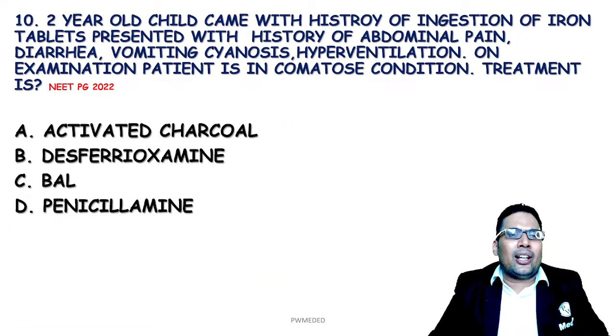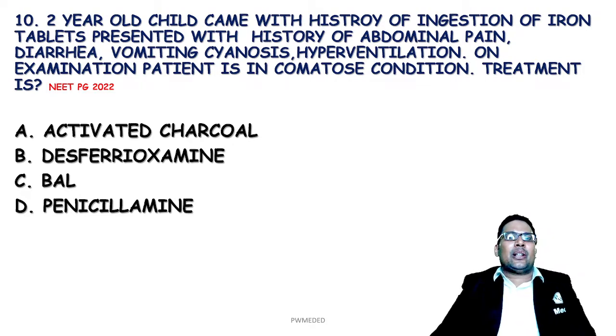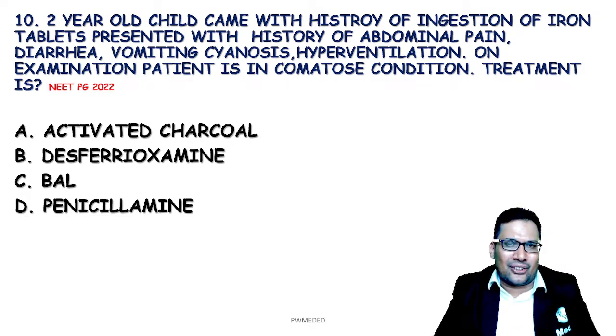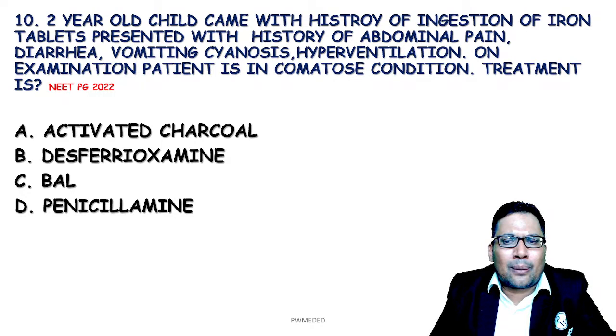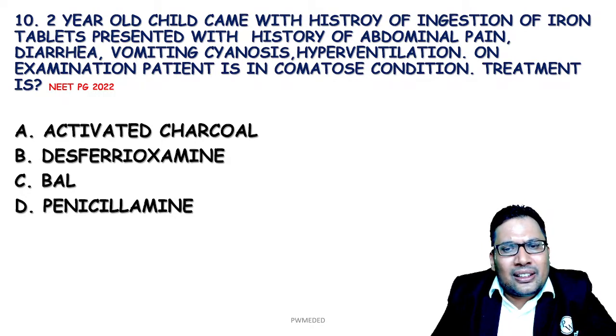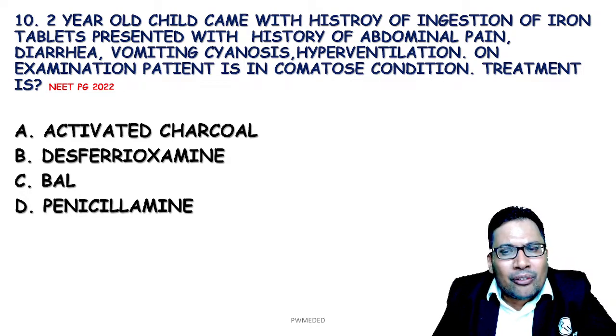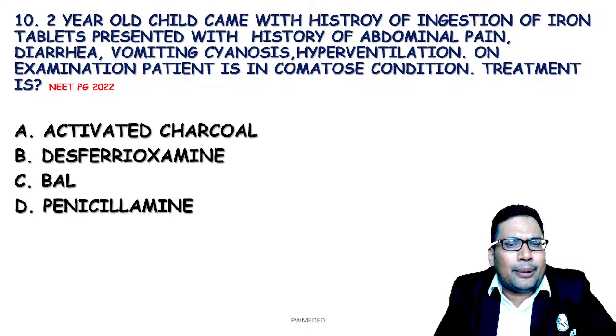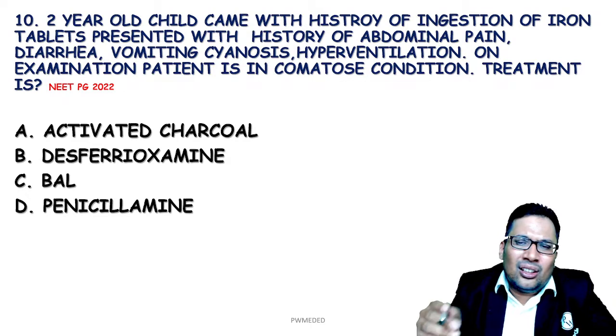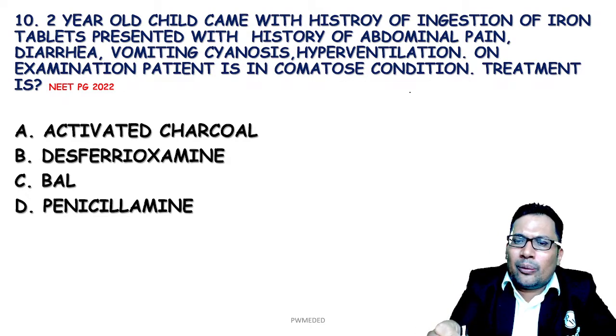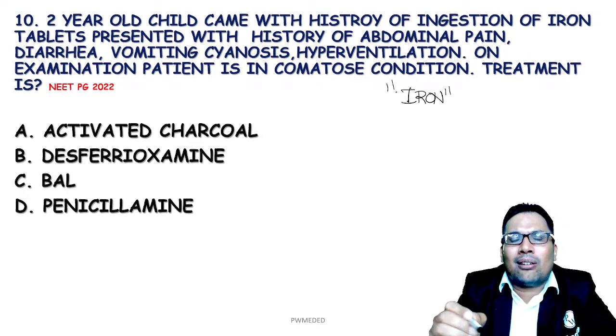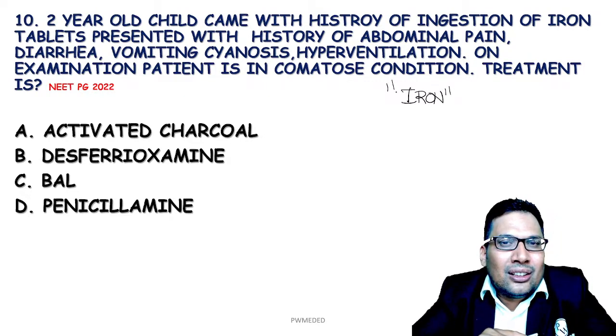A 2-year-old child came with a history of ingestion of some iron tablets, presented with abdominal pain, vomiting, cyanosis, hyperventilation. On examination, the patient is in a comatose condition. So this goes in favor of acute iron poison, which can present with lactic acidosis.